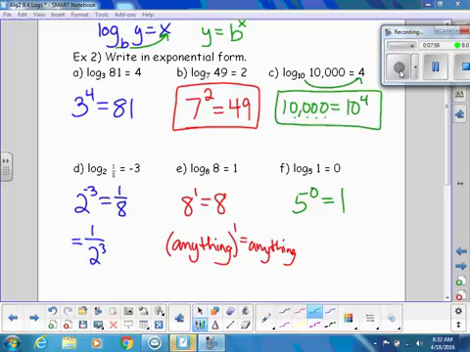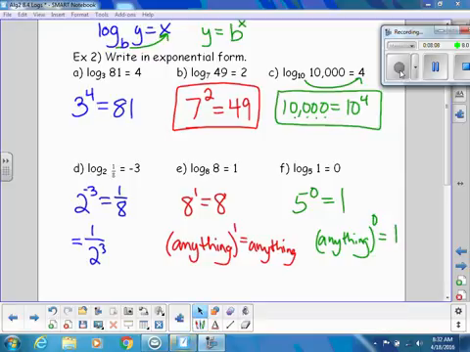And then same thing here. Anything raised to the 0 power, remember we said that in one of our videos, anything raised to the 0 power is always 1. Okay, so those are reminders about exponentials, and that's why some of these logarithms, when we look at those next time, it's going to make more sense why logarithms are always equal to certain numbers.